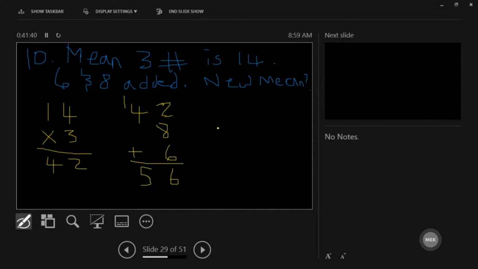And the new mean would be the 56 divided by 5 now. The 3 numbers that were there first plus these two numbers, so that's 5. So 5 into 5, 1, 5 into 6, 1, remainder 1. So it's 11.2, or 11 and 1/5.